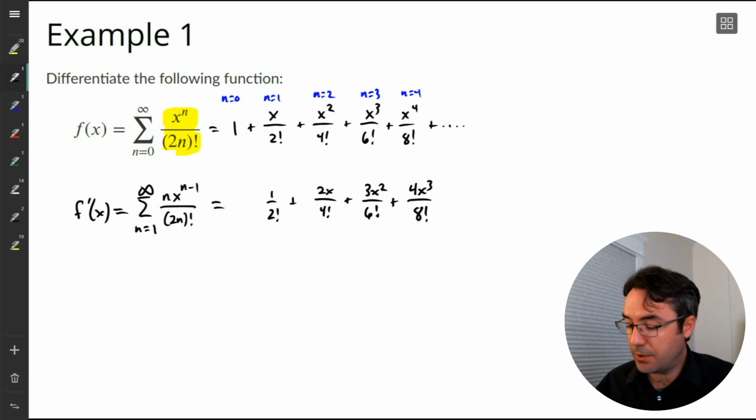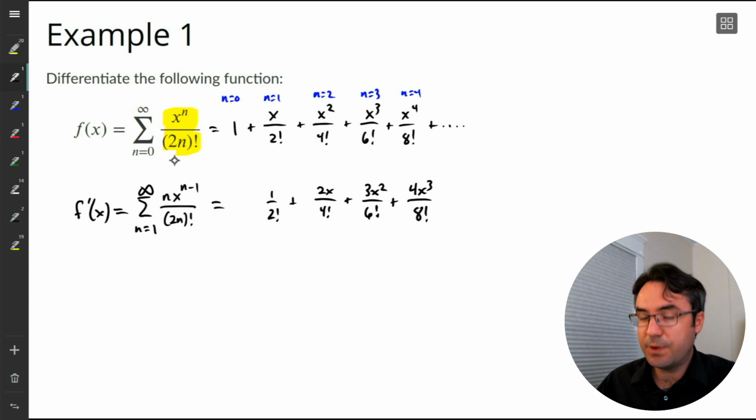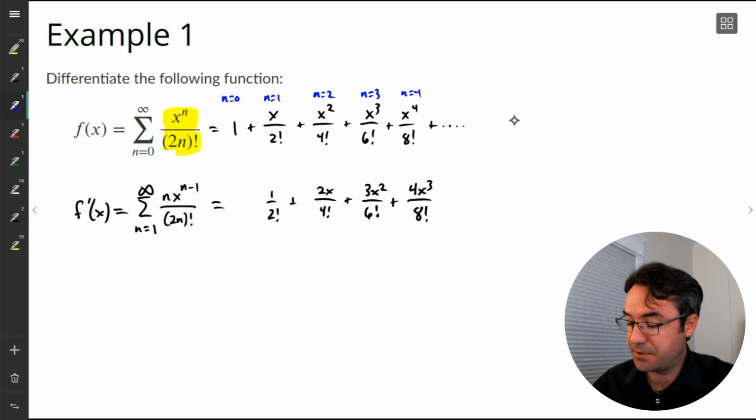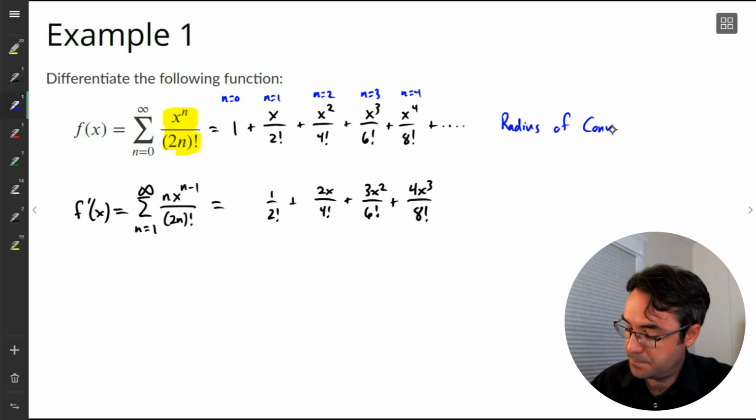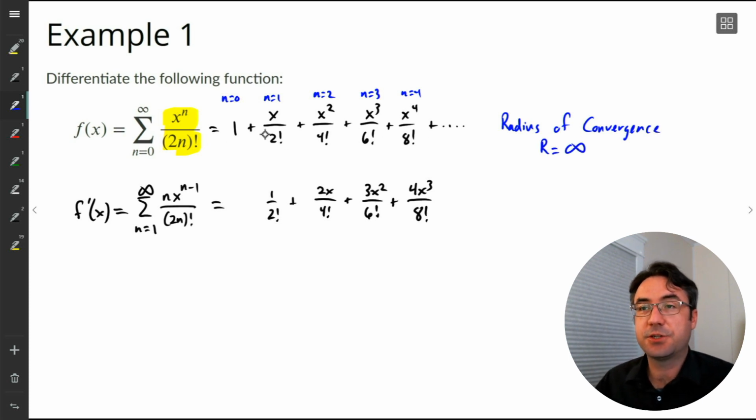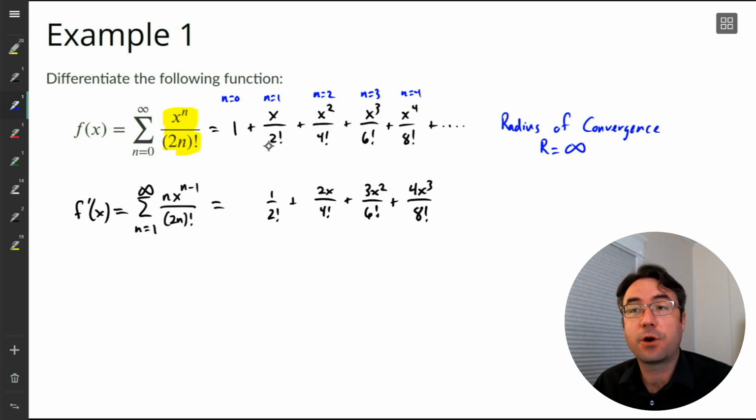Now, the one thing to note here is we've looked at this power series before, and we saw it has a radius of convergence of infinity. So this actually converged for all x values.